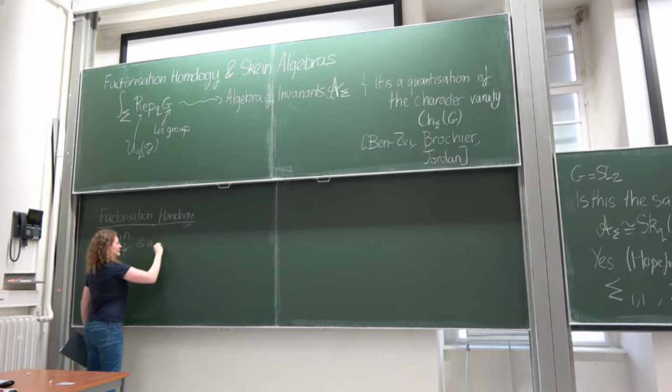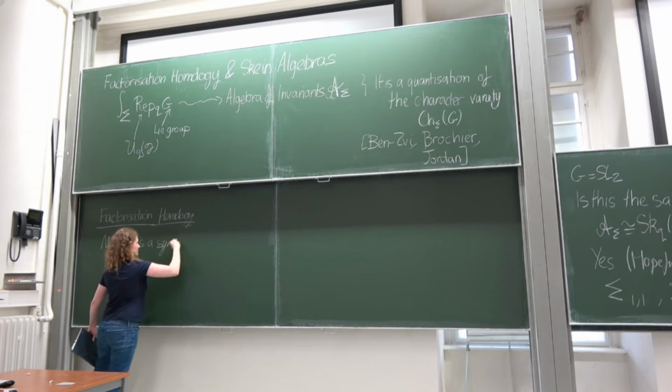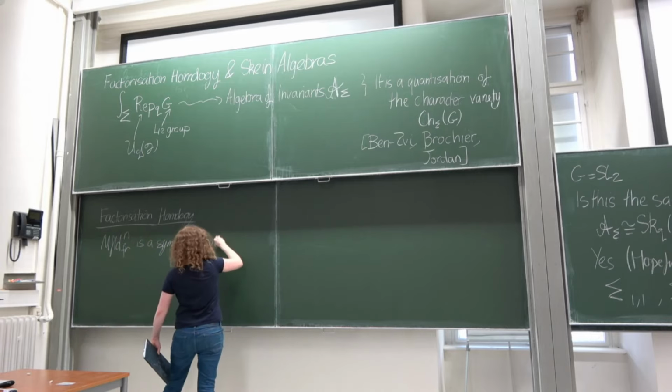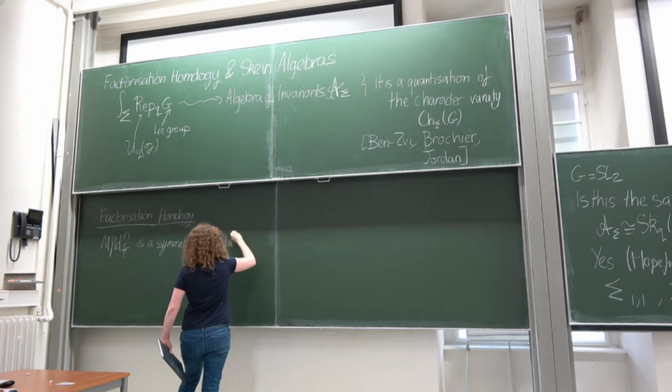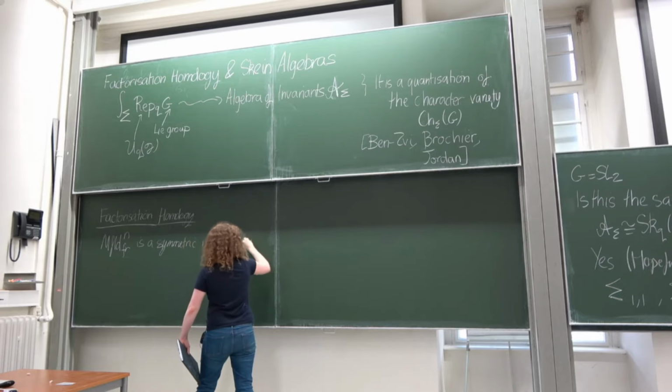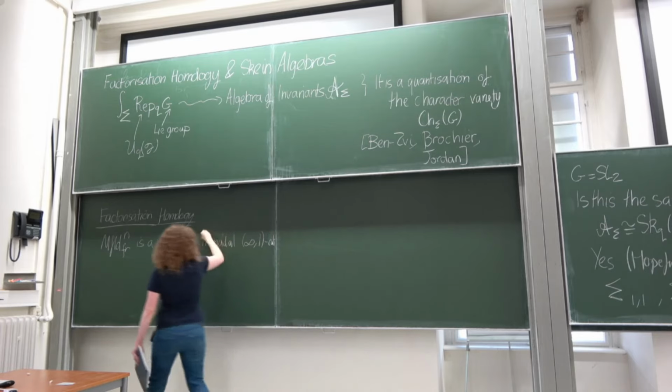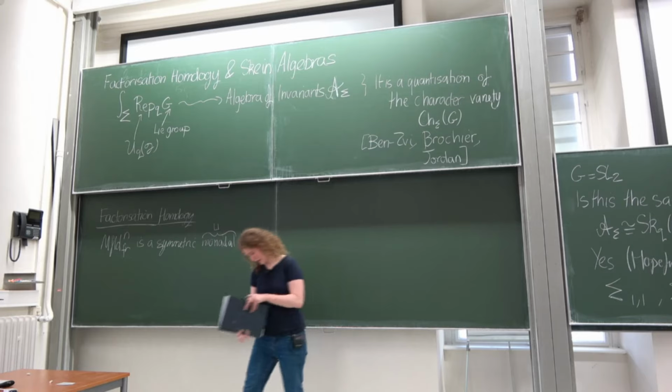It is a symmetric monoidal infinity one category. The monoidal product is just going to be disjoint union of manifolds.